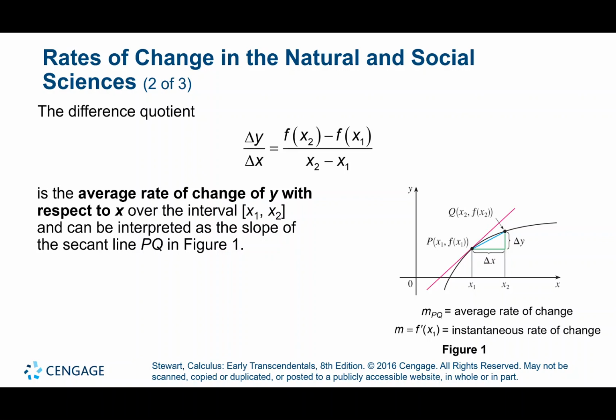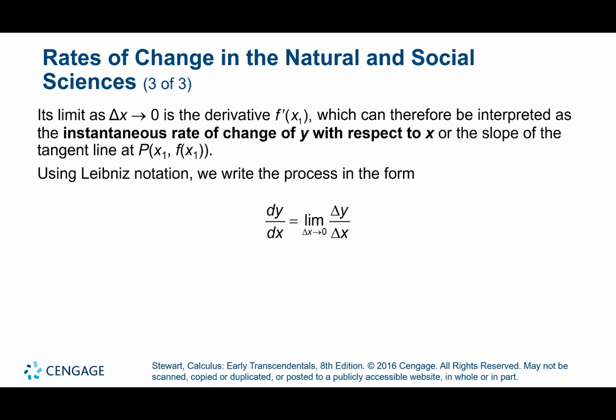Another interpretation of that, we've seen, is the slope of the secant line to a curve. And then when we go through our limiting process that we've developed, we can get the slope of the tangent line, which is one way of thinking about instantaneous rate of change. That's just our difference quotient again.